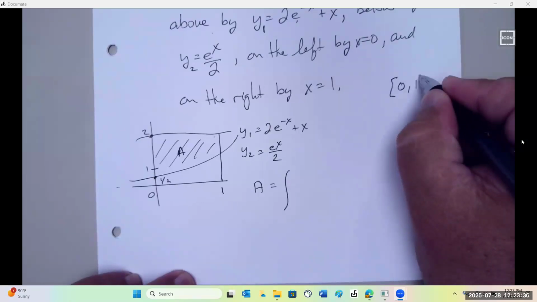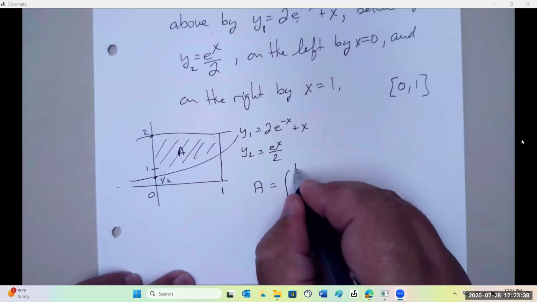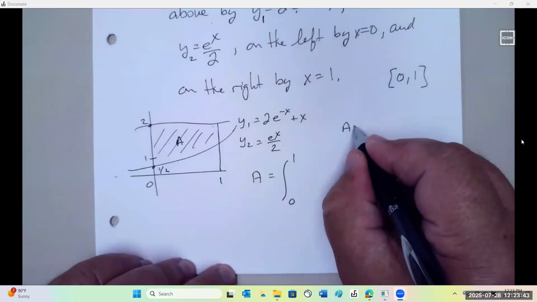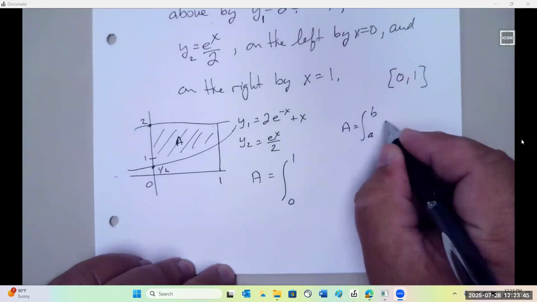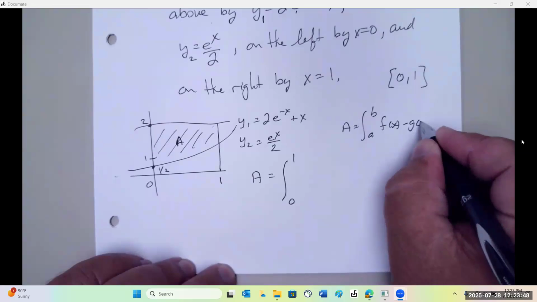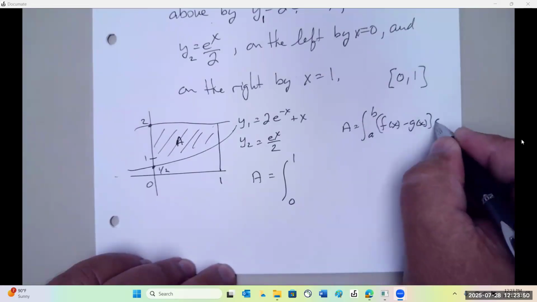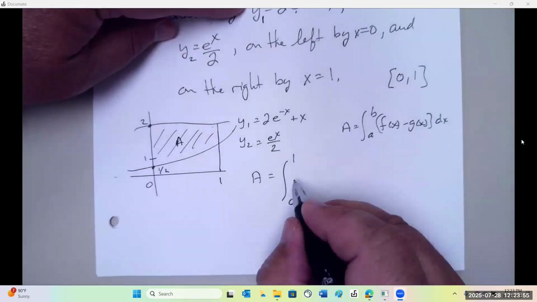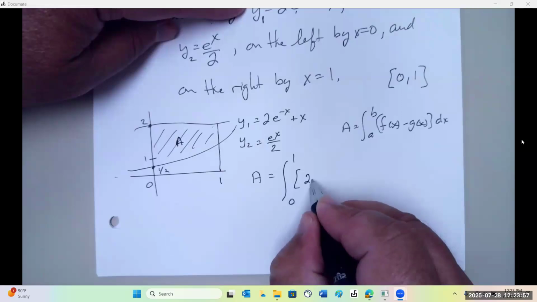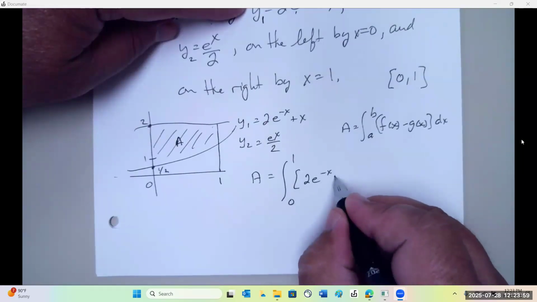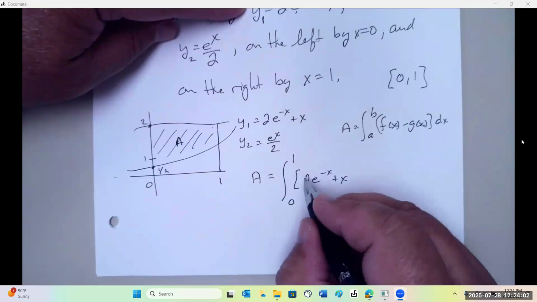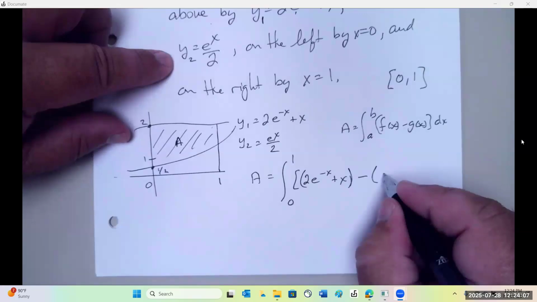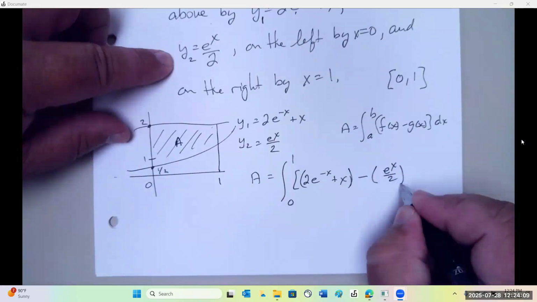So we're looking at the closed interval 0 to 1. Go from 0 to 1 of f of x minus g of x dx. So f of x was y1, 2e to the negative x plus x, minus y2, which is e to the x over 2.